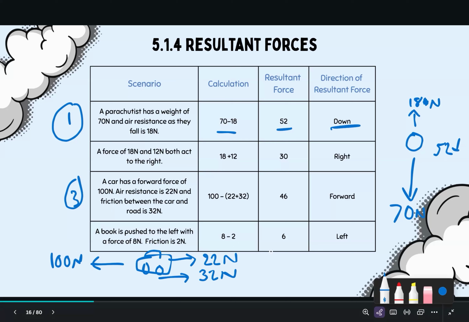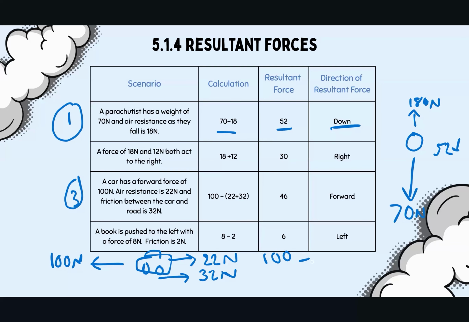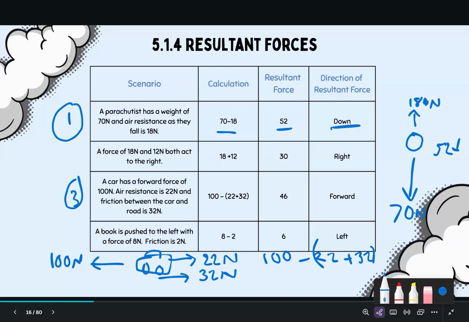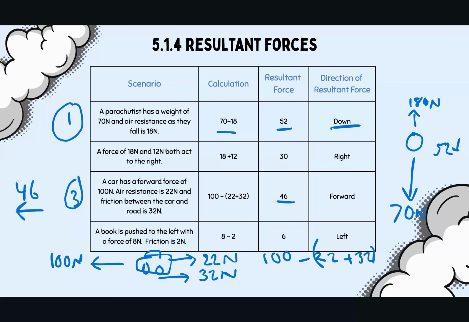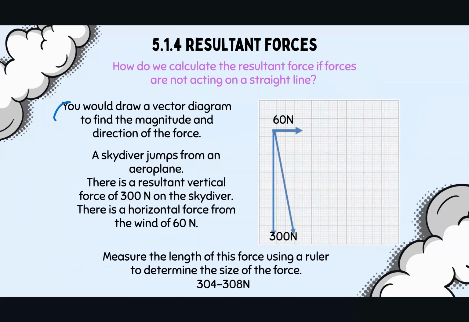So what we're going to do here is 100 and we're going to take away 22 and take away 32. Or you can put that in a bracket and add them first and then take it away. So we get 46 newtons, a resultant force of 46 newtons in a forward direction. So not overly complicated, but still something we need to know.